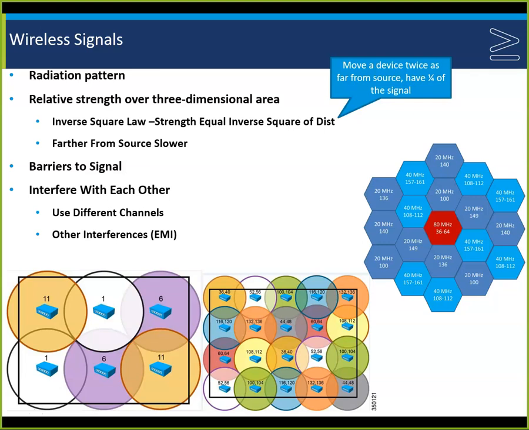The barriers to the signals will interfere with each other, so we need to use different channels, and then EMI, electromagnetic interference. Microwaves are a big thing. I used to have these practice questions where people in the break room are complaining that the wireless quits working intermittently at lunchtime.